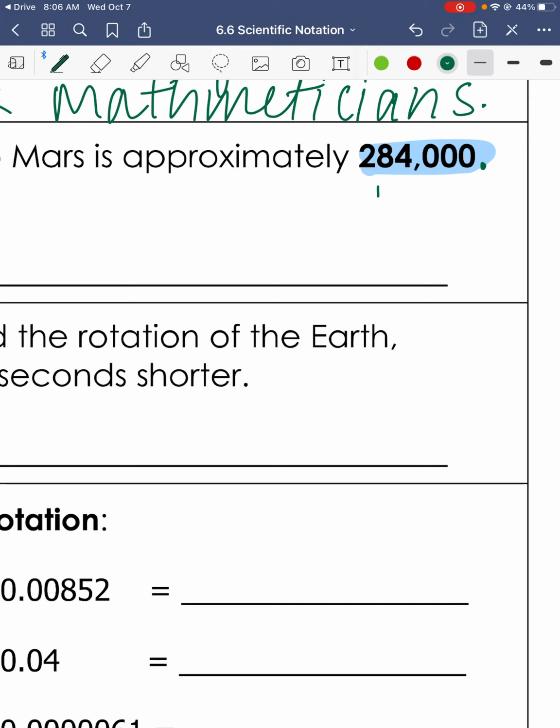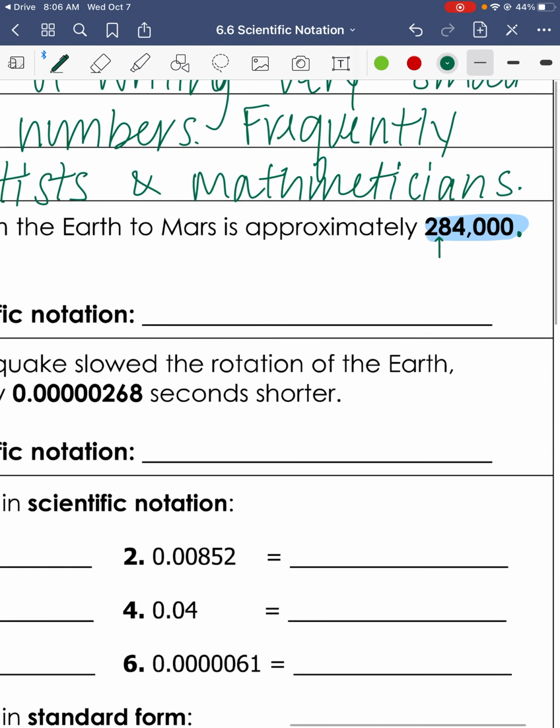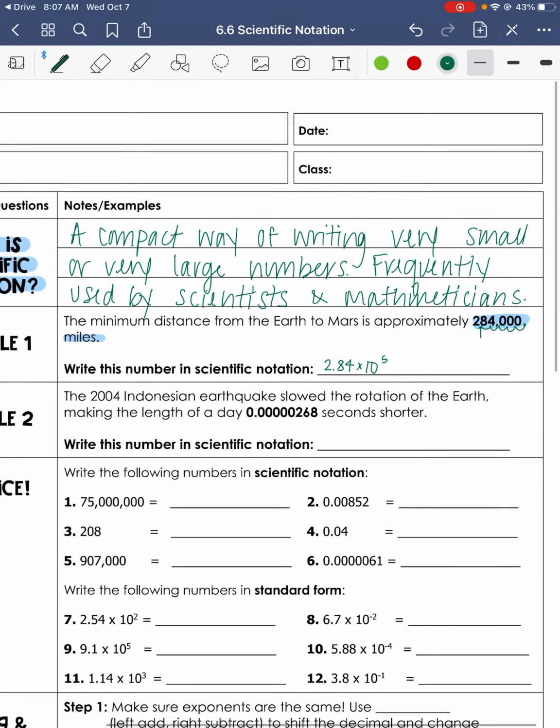Okay, so that looks like it's going to be right here. If we can get 2.84, that will be between 1 and 10. So let's write 2.84 times 10. And then the exponent will be however many places we have to move the decimal over. So it looks like it's going to be 1, 2, 3, 4, 5. So we have 2.84 times 10 to the 5th. And there is your positive powers one.